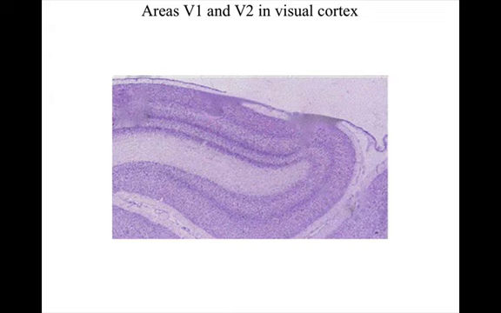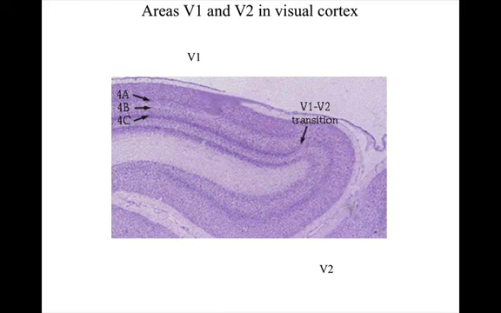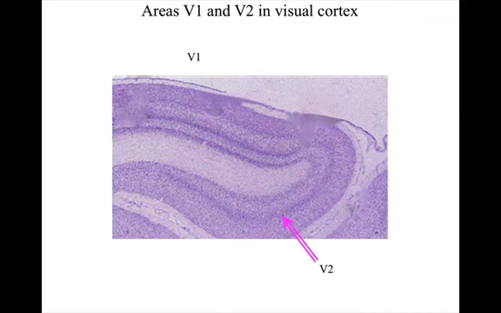These subdivisions aren't seen in the higher visual areas. For example, as I showed earlier, outputs from area V1 go to area V2, and in this picture you can see area V1 and area V2, and the three sublayers of layer 4 are visible in area V1, but at the boundary between areas V1 and V2, the sublayers merge to form a single layer.